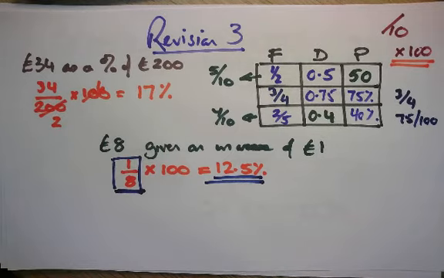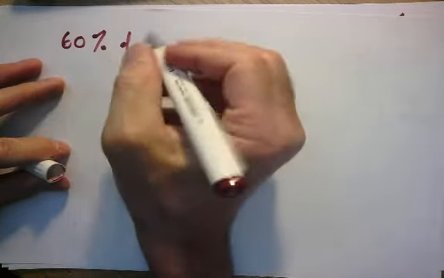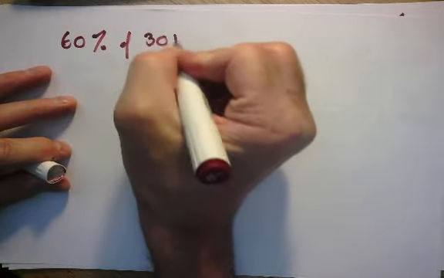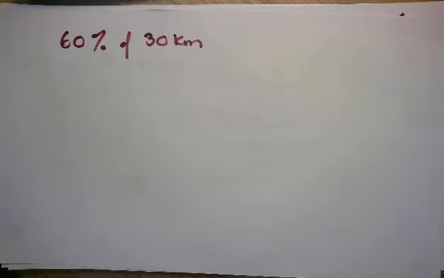So actually, let me do that straight off. So here we go. So it says here, what is 60% of, and they've got units here, 30 kilograms. Kilograms, kilometers. So here goes.